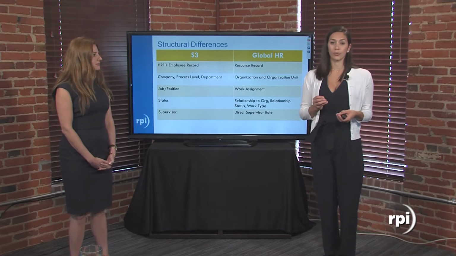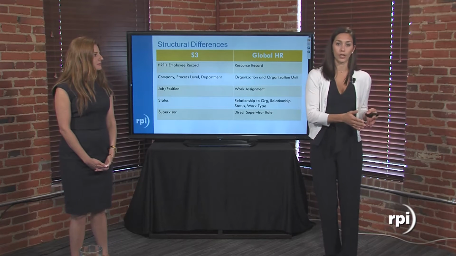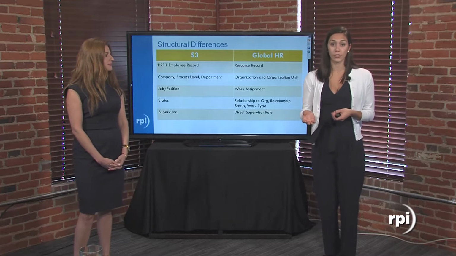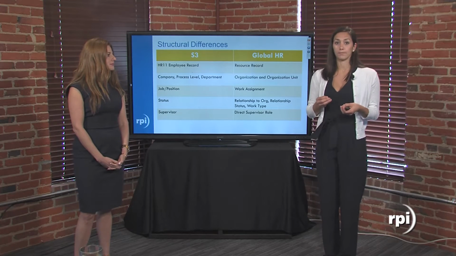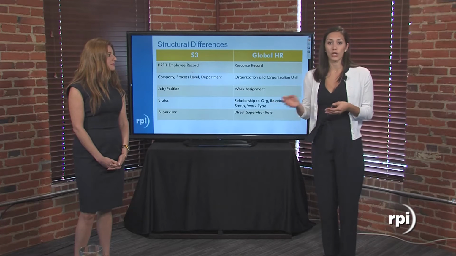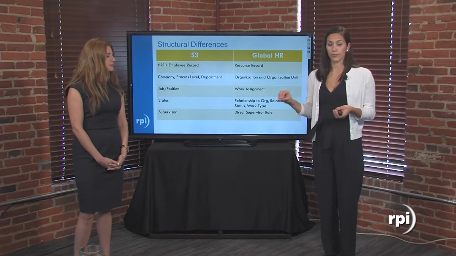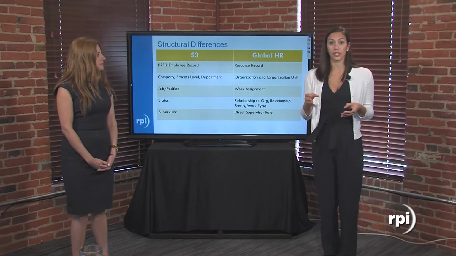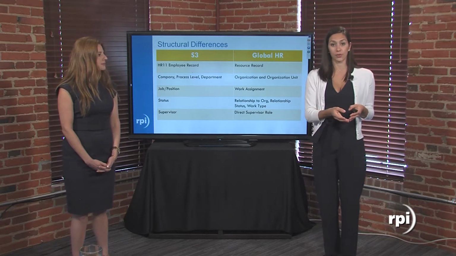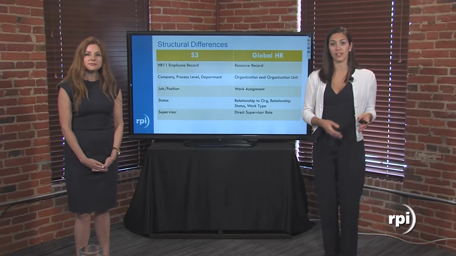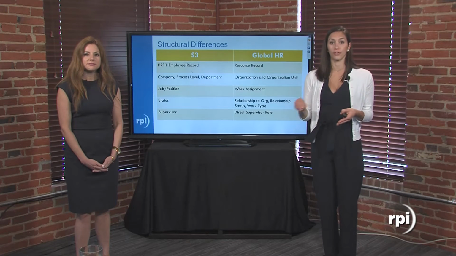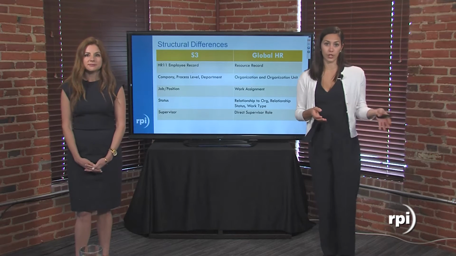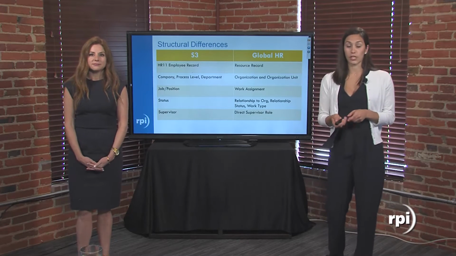So if you have supervisors that only need to see part of the resource record, maybe not the pay rate, they need to run appraisals for an employee, or approve time, you can specify each of those supervisors to do those actions for that employee. It's security based, so you would just need to assign those different roles to each supervisor, and then they are able to take action on or view things for each employee. You're not just limited to that one supervisor and then your indirect supervisor as you are in S3.